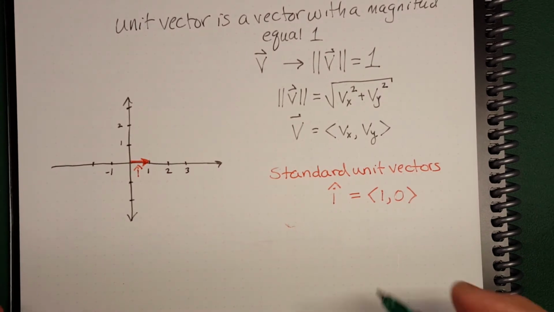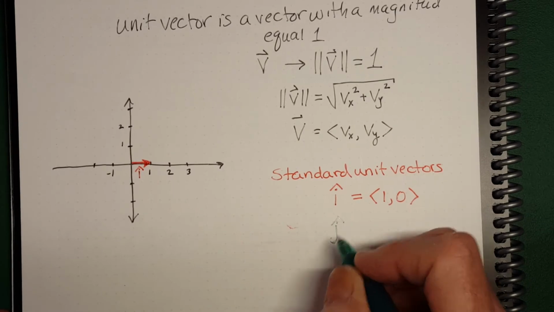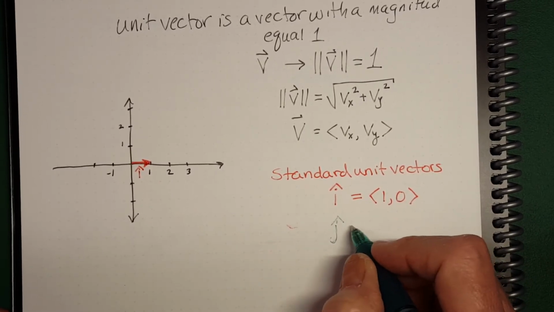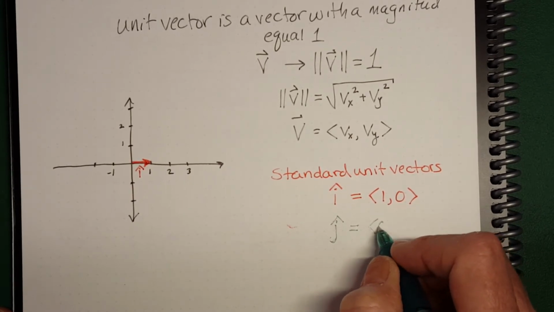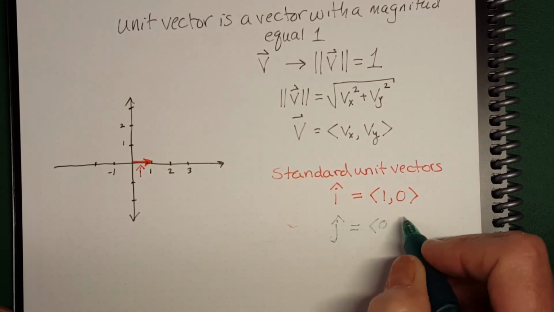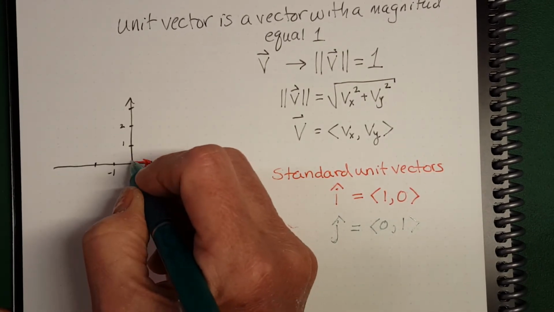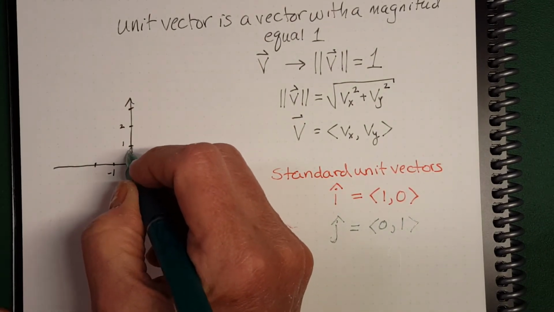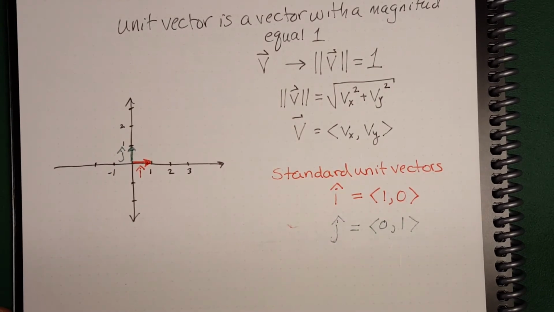The other standard unit vector is the j hat vector. It's in the y direction, so it's not going to have any x component, and it's going to have 1 in the y direction. If we were to draw the j vector, it's going to be on the y-axis, and it would look like that, the green vector there.